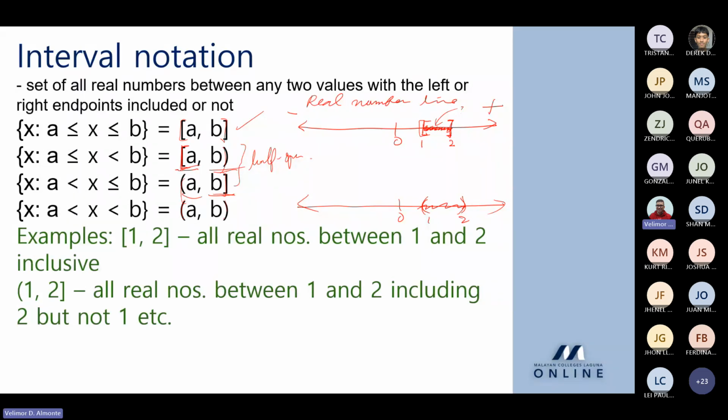So just in case you will be needing that, you can use that notation. Don't confuse this with ordered pairs, but the context will be clear, no? Whether you're using that as an interval or an ordered pair. If you recall, that's also how you write ordered pairs using parentheses.